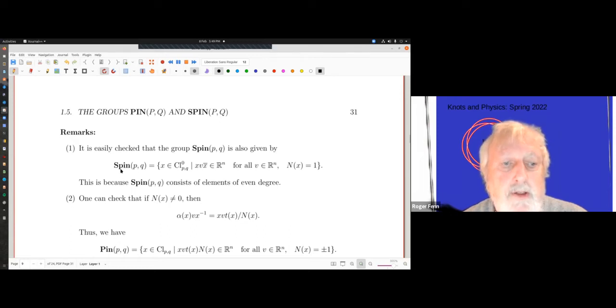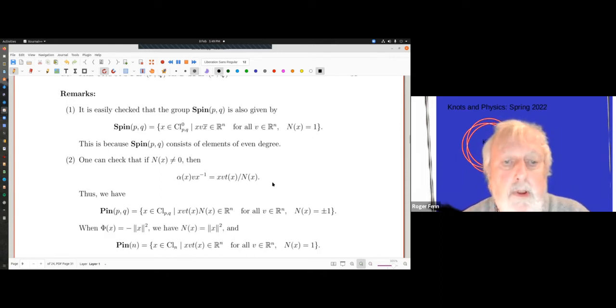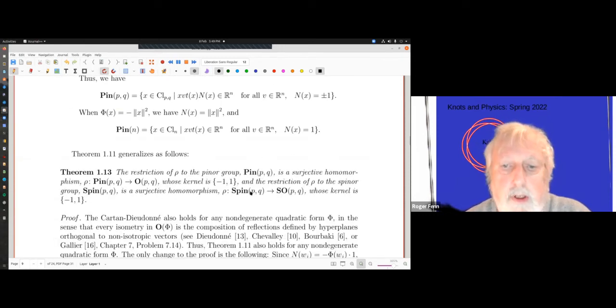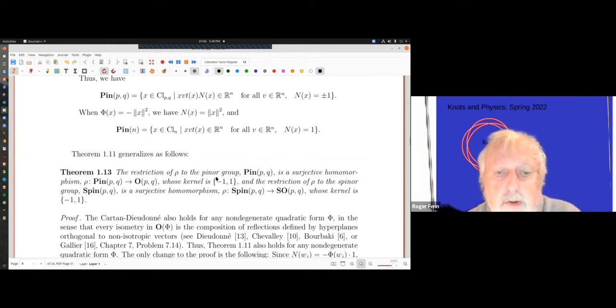Oh yes, for spin it doesn't matter, because the norm will always be one. Okay, so we have a rho here: the restriction of rho to the Pin group is a surjective homomorphism from Pin(p, q) to O(p, q).